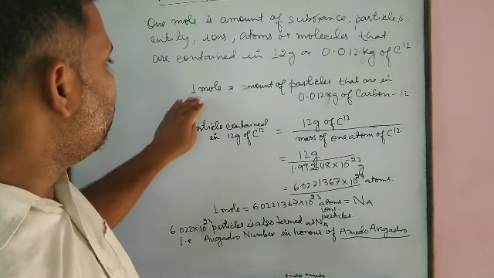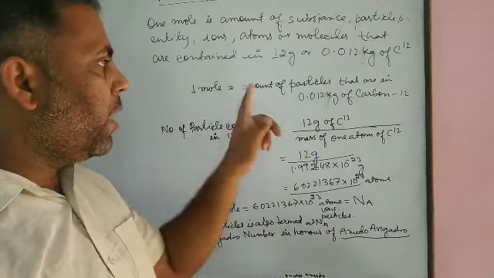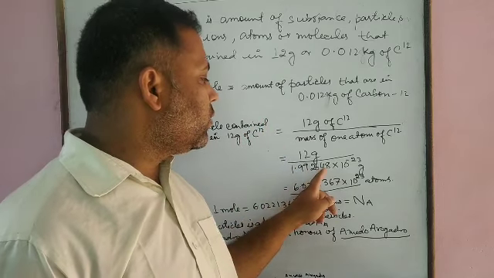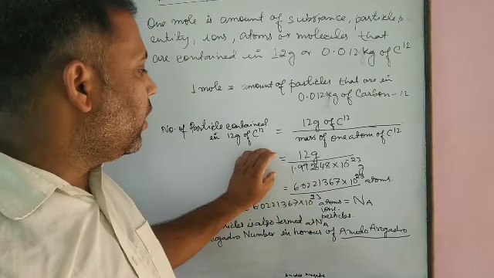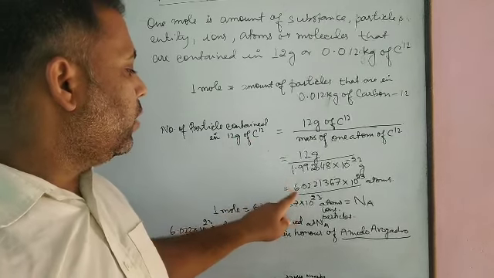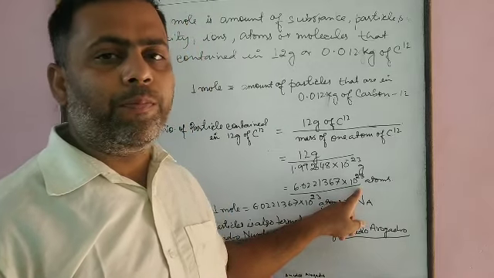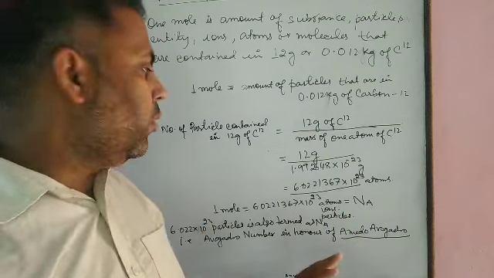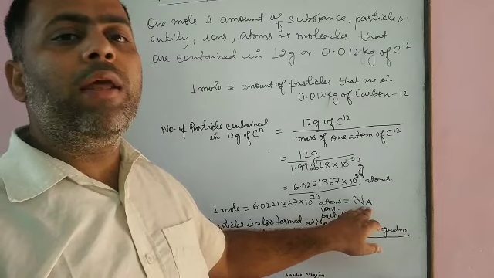It means the mass of 1 mole is 12 gram, and if the mass of one atom is 1.99264 into 10 to the power minus 23 gram, then we can get the number of particles contained in 12 gram of carbon, that is 6.0221367 into 10 to the power 23 atoms. Such an amount of atoms is termed as 1 mole, and this is also represented as Na.